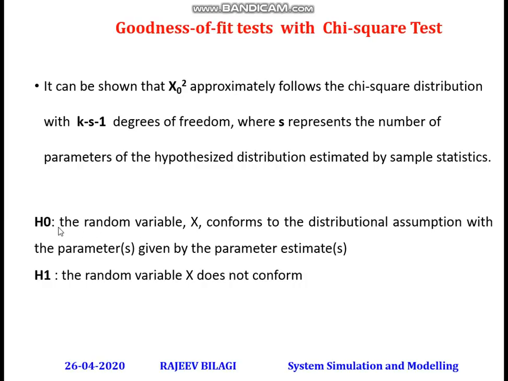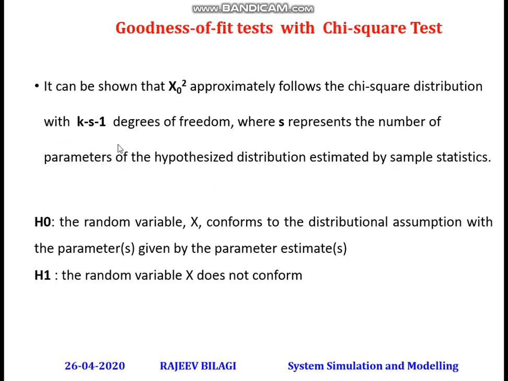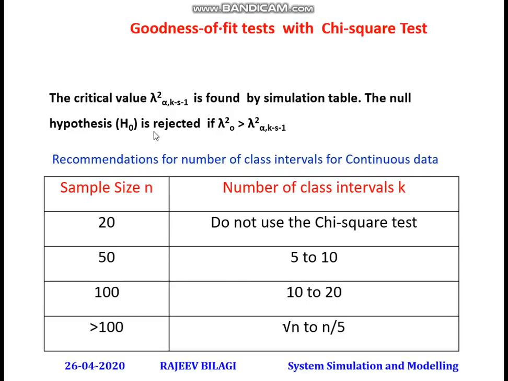Now, H0 and H1 as usual. After calculating the sum of (oi minus ei) square divided by ei, you have to find the critical value as lambda square alpha, k minus s minus 1, where alpha is again the level of significance. Usually if the given number is small, you don't apply the chi-square test.